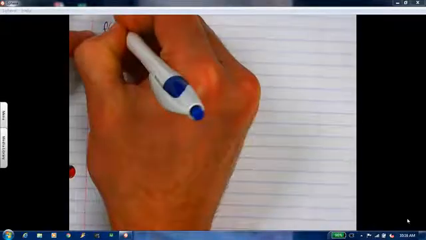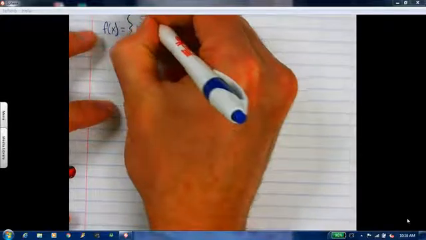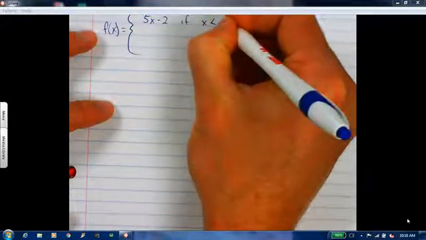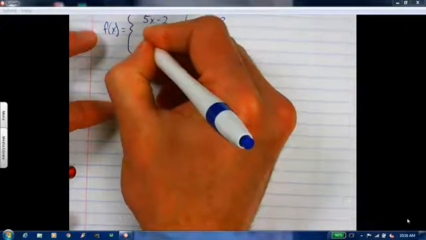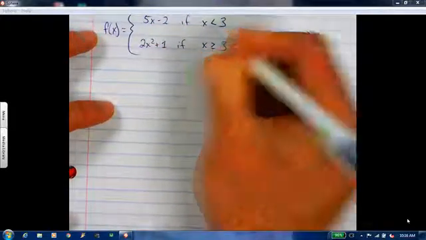So let's say f of x equals 5x minus 2 if x is less than 3, and 2x squared plus 1 if x is greater than or equal to 3.